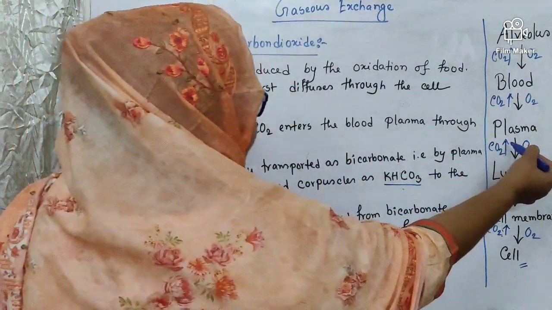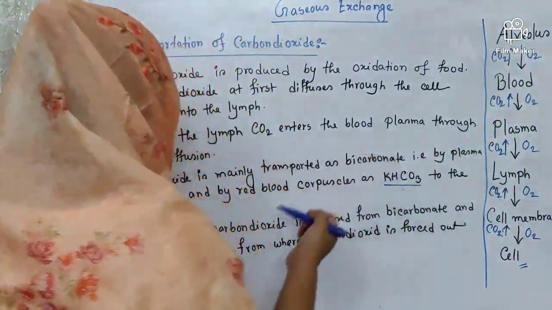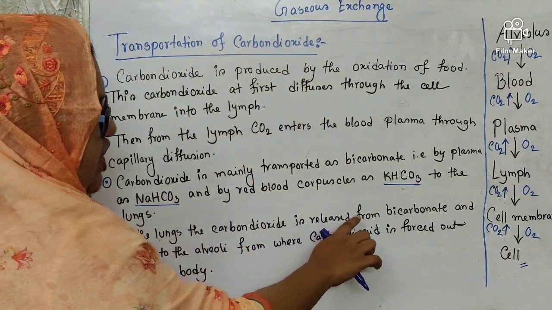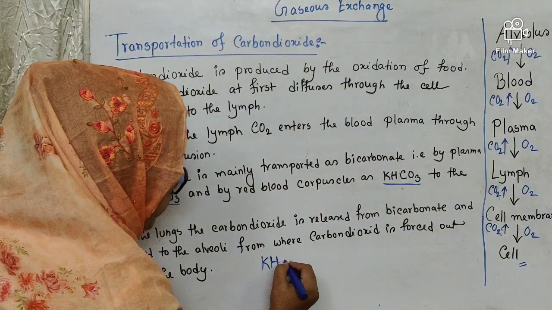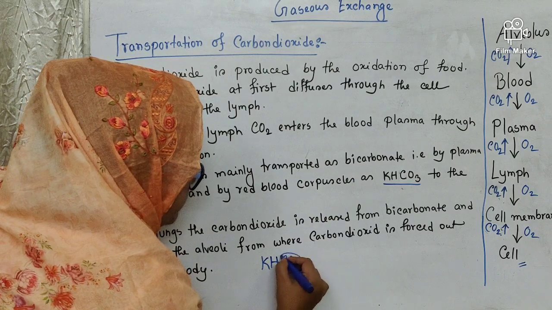So from the plasma and blood, it will go to the lungs, that means the alveolus. In the lungs, the carbon dioxide is released from bicarbonate. How? If this is potassium bicarbonate, the carbon dioxide is present in it.